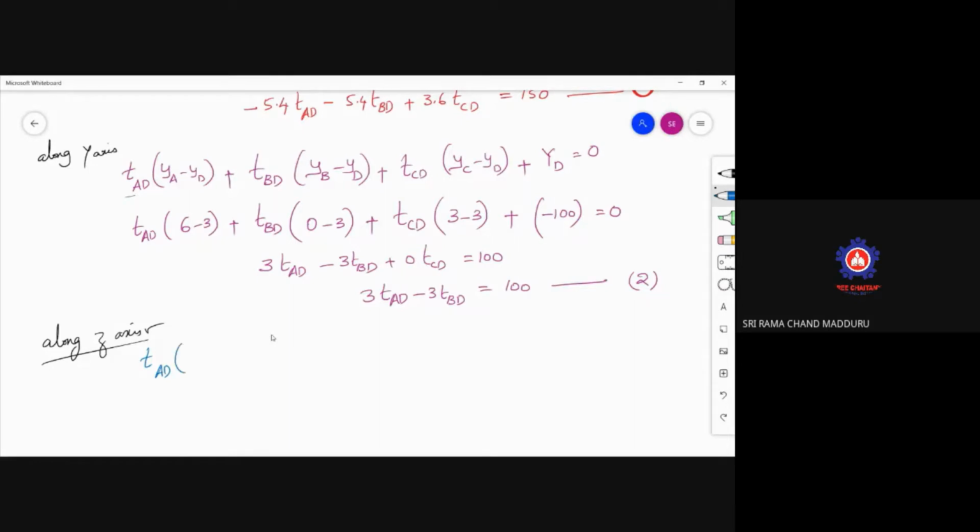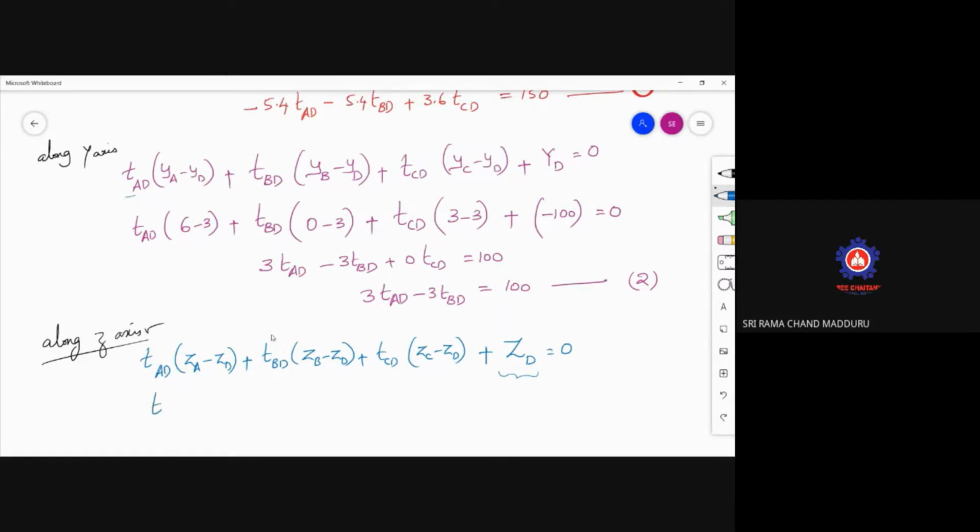TAD into (ZA minus ZD), plus TBD into (ZB minus ZD), plus TCD into (ZC minus ZD), plus ZD is equal to 0. Do we have any external force along Z? Only along the X and Y directions are forces available. Along the Z direction, the forces are 0.